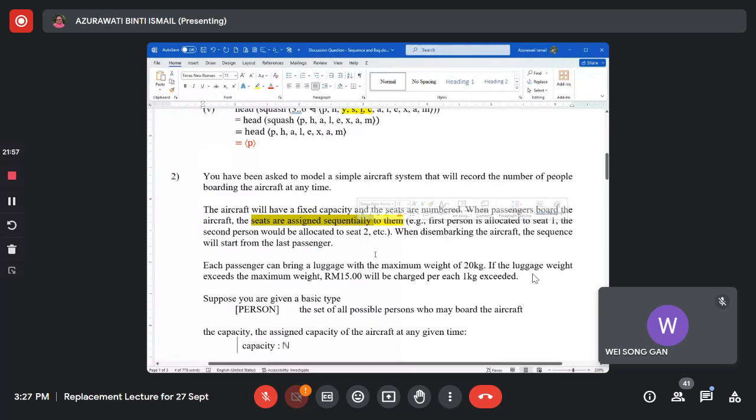If you are the first one to come, you take number 1. If you are the second one, you take seat number 2, and so on. The example is already given in the question. If you want to disembark, going out from the aircraft, the last one will go first.